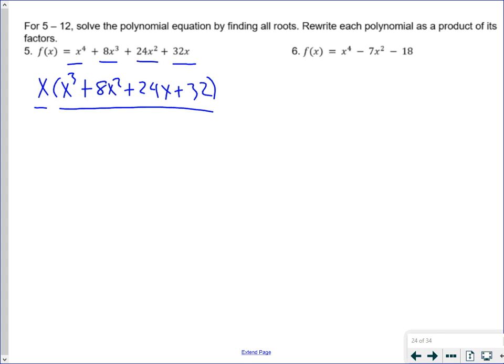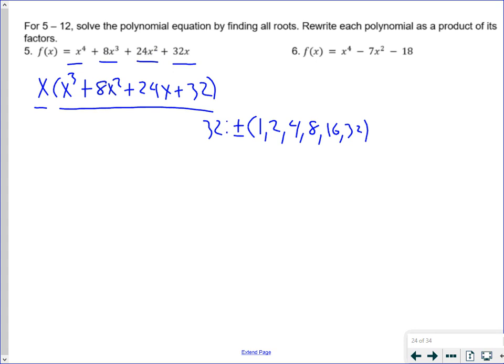And our synthetic division will be with factors of 32, which will be plus or minus 1, 2, 4, 8, 16, and 32. All right. So that's going to be all our factors of 32. And now we're going to start guessing and checking, or not guessing and checking, I don't want to say it that way, but rather we're going to be trying out all our possible zeros until we find one that works.